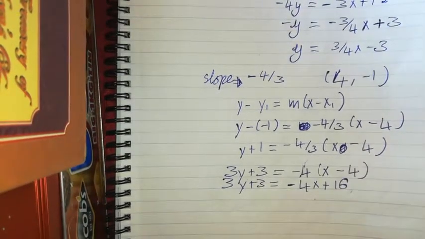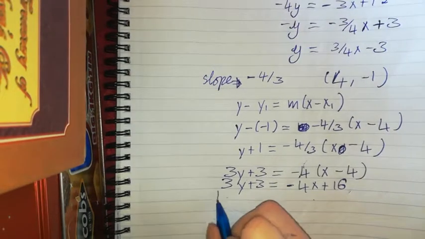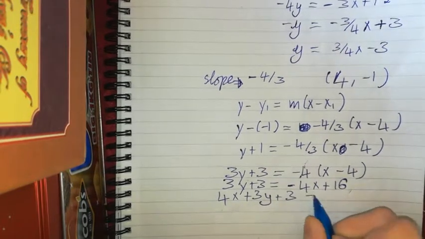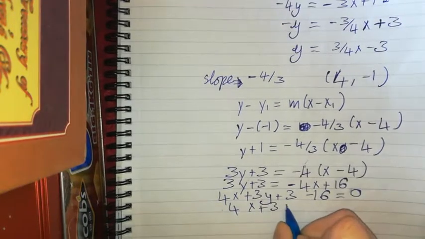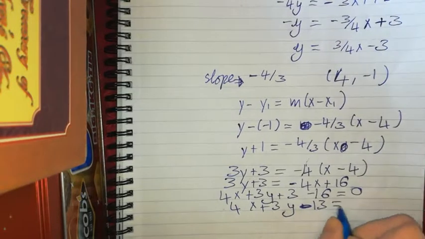Then if I want to get everything on one side, it might be easier. So 4x plus 3y plus 3 minus 16 is equal to 0. So 4x plus 3y minus 13 is equal to 0.